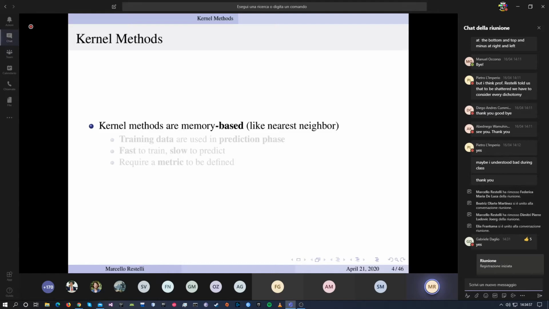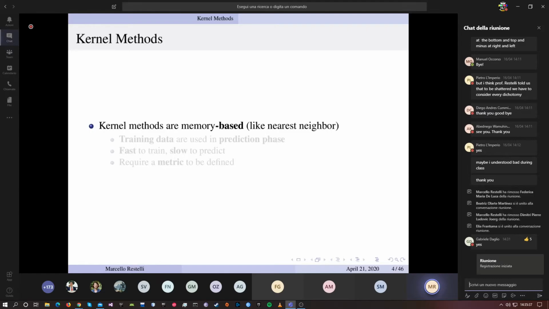Memory-based methods are methods that produce the prediction for a given input by looking at the data that you have in the training set. So the main difference is the following. When you have a parametric method, you get the training set, you train the model by identifying the best parameters, and then for doing the prediction, you need only the input data for which you have to do the prediction, and the value of the parameters. The training dataset, once you have trained the model, becomes useless.